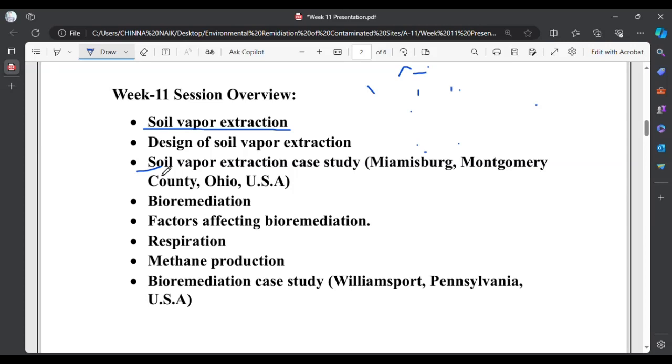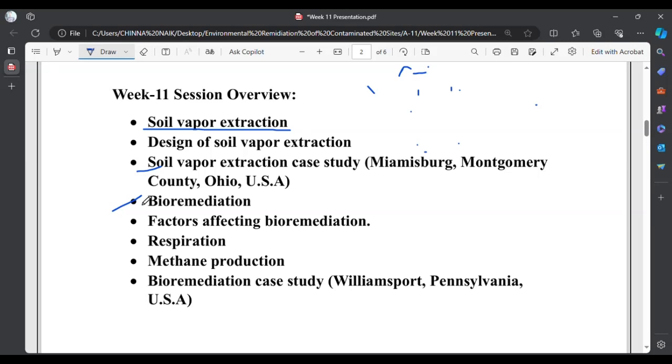And then coming to the next topic, that is bioremediation. We consider bioremediation the cheapest method for remediating any contaminated site, because we are not spending much money compared to other techniques.